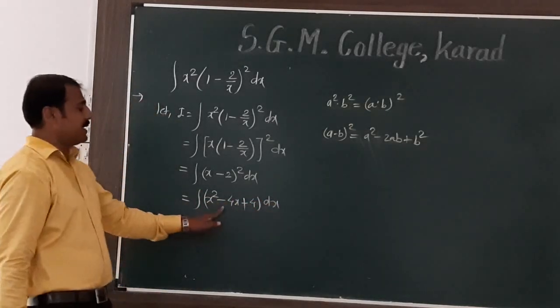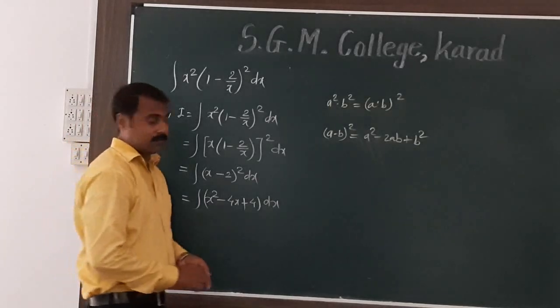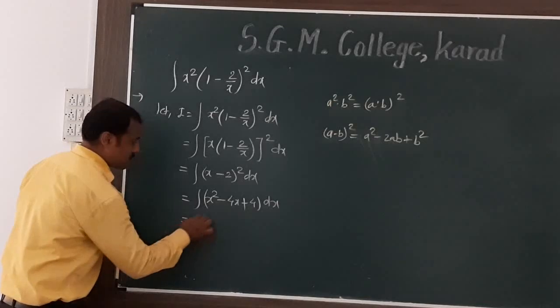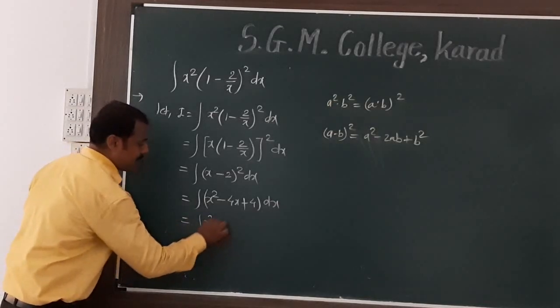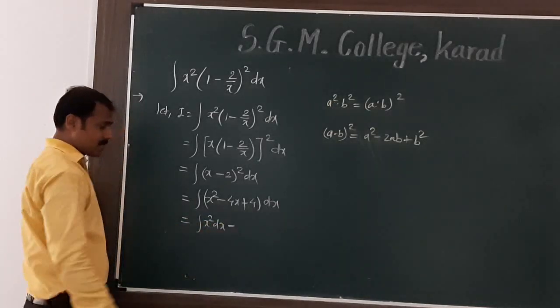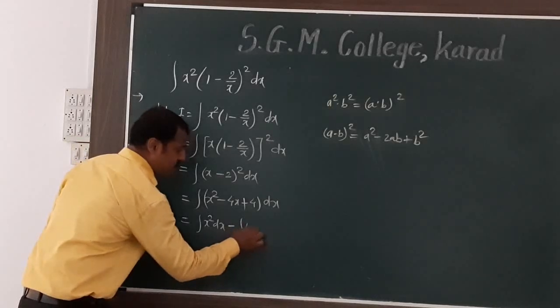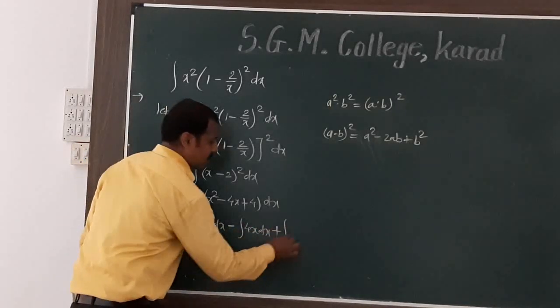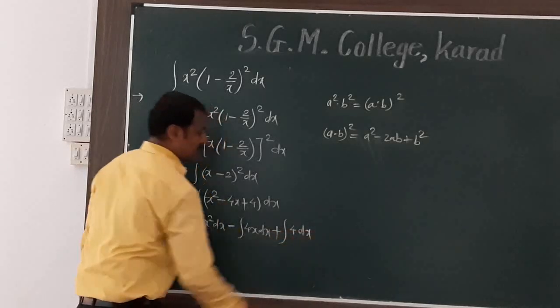Now inside the integration there is what? Subtraction and addition. Separate the integration symbol. So integration of x square dx minus integration of 4x dx plus integration of 4 dx.